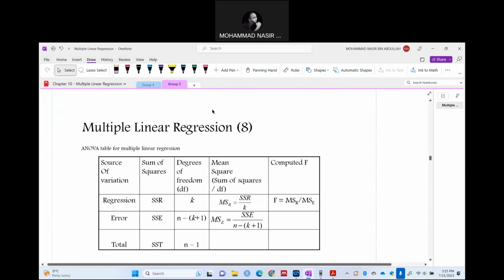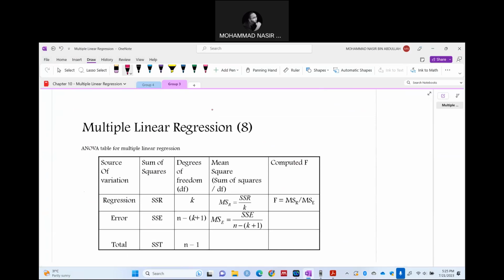So this is a multiple linear regression ANOVA table, same design, right? First we have sum of square, degree of freedom, mean square, and F value. The first row is regression, the second row is error, and the last is total. Okay? It's the same table, but the difference is the degree of freedom.